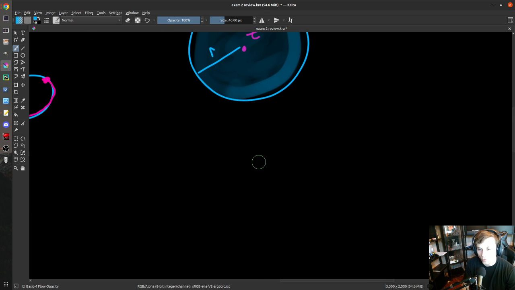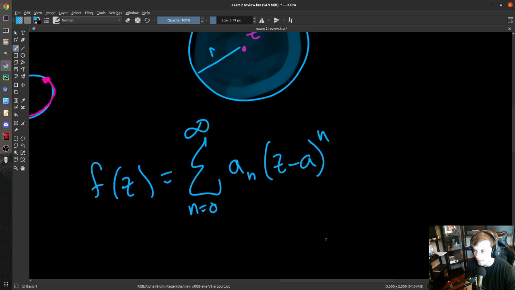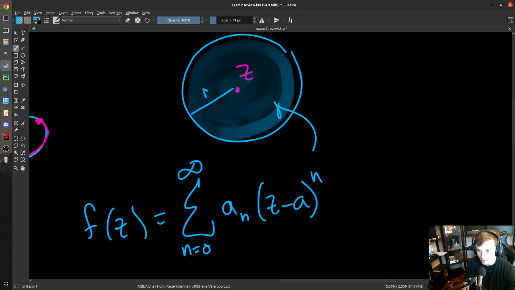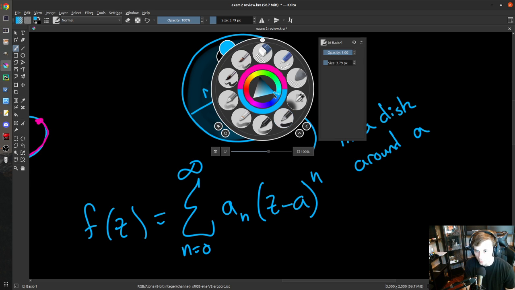So what we were doing with Taylor series is we were writing a function as the sum from n equals 0 to infinity of some coefficients a_n times z minus a to the n, right? We were writing it like this, and this was valid in a disk around a.